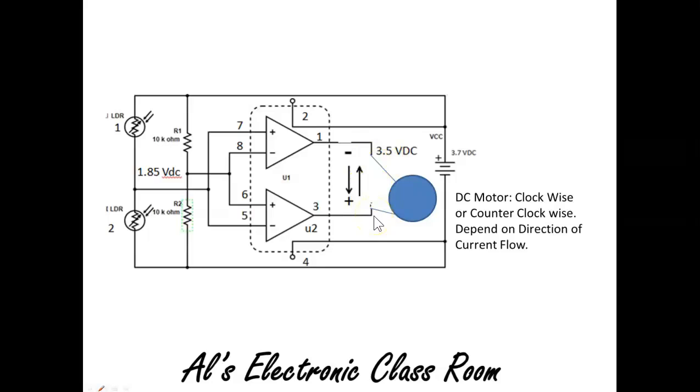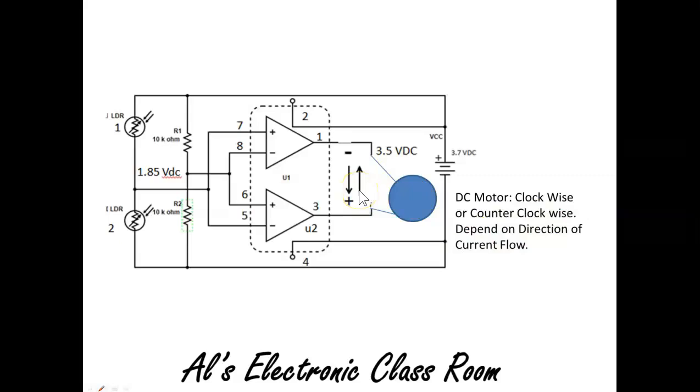In the previous 2 slides, it was a resistor. Ideally, what he shows in the video is a DC motor. There's always 3.5 volts across it. The deal is which way the current flows. All right, so we can either go clockwise or counterclockwise, and it depends on the direction of the current flow.